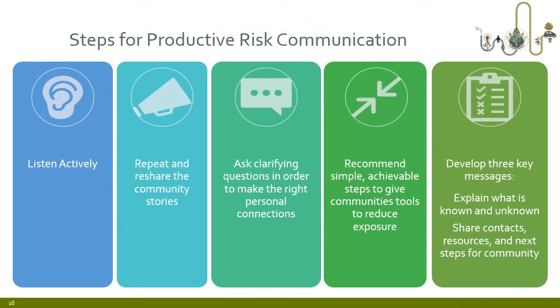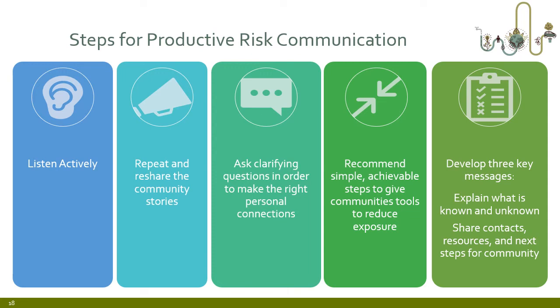Once you understand a community's perception of risk, these are some tips for effective risk communication. First, active listening is critical for facilitating two-way communication. Next, repeat and reshare community stories and concerns.